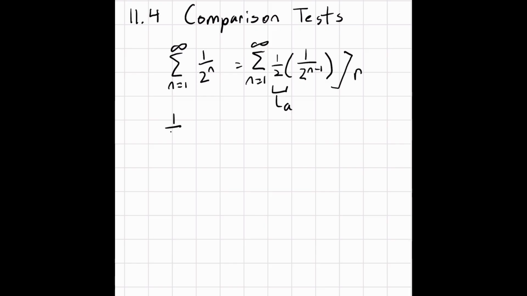So our formula says this converges to a over 1 minus r, so 1/2 over 1 minus 1/2. Well, 1 minus 1/2, 2 over 2 minus 1 over 2, is 1 over 2. 1/2 divided by 1/2 is just 1. As we saw before, there are many arguments we can use to say that this series converges to 1.